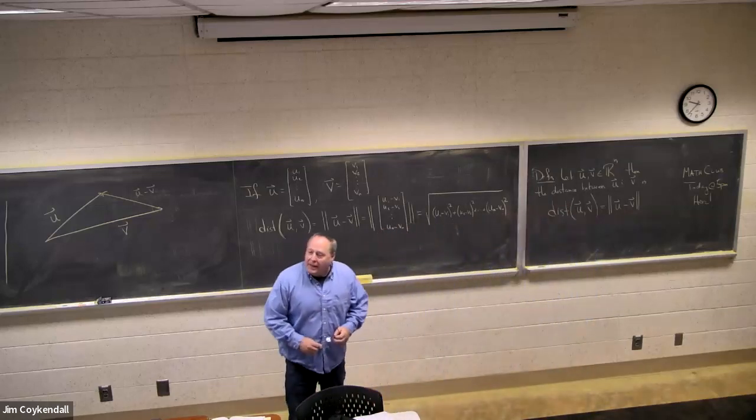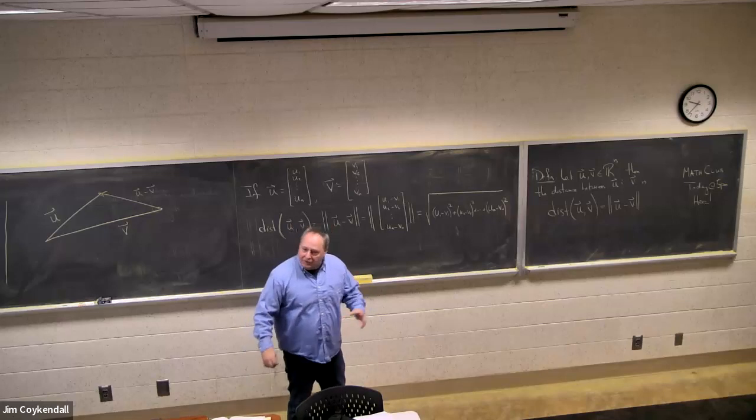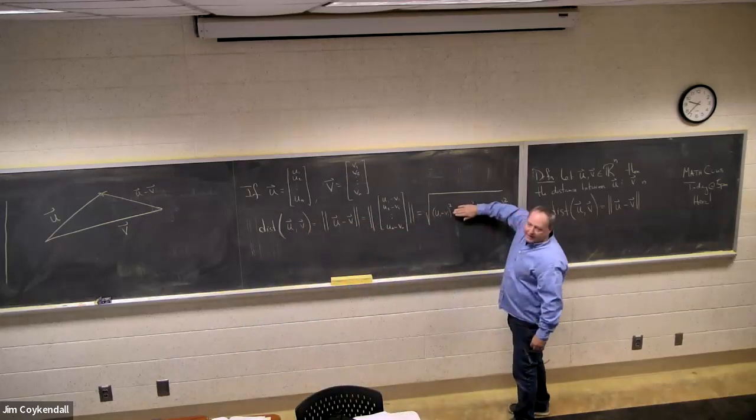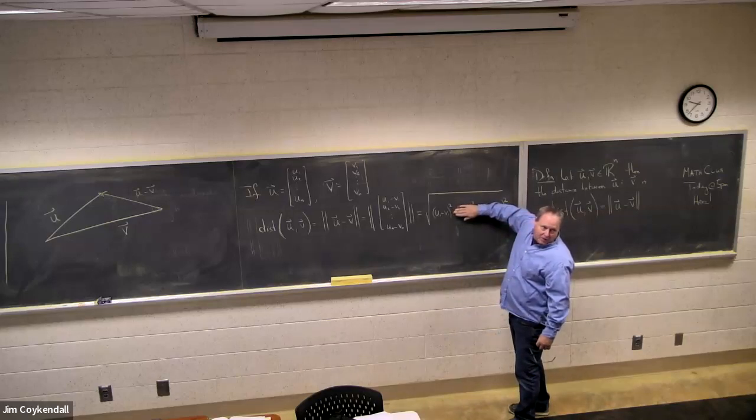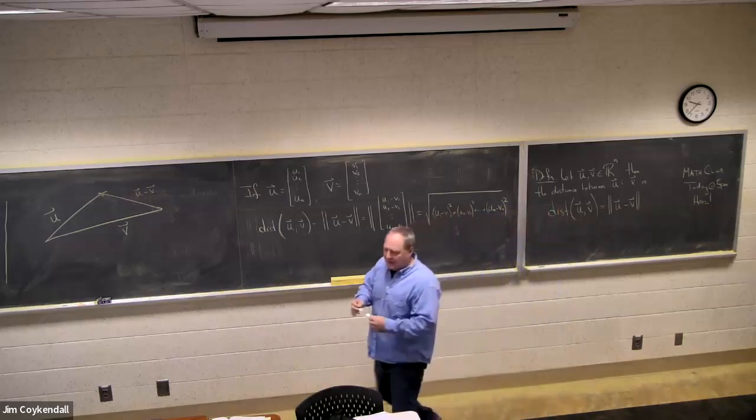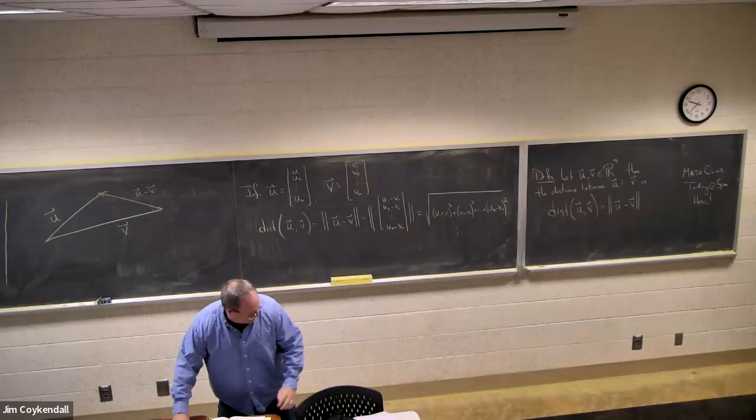And by the way, it's also the distance between 2 points on a line too. Because if you're down to 1, that's the square root of u1 minus v1 squared, which is the absolute value of u minus v, right? So this all comes together. It ties the room together nicely.